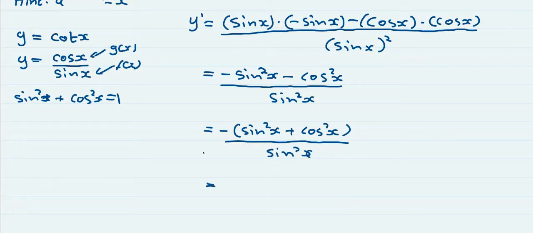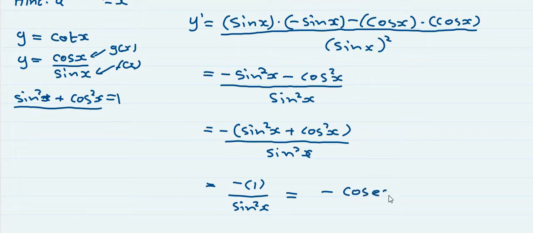So sin squared x plus cos squared x is 1, or negative 1 all over sin squared x, and that is cosec squared, then our answer is negative cosec squared x.